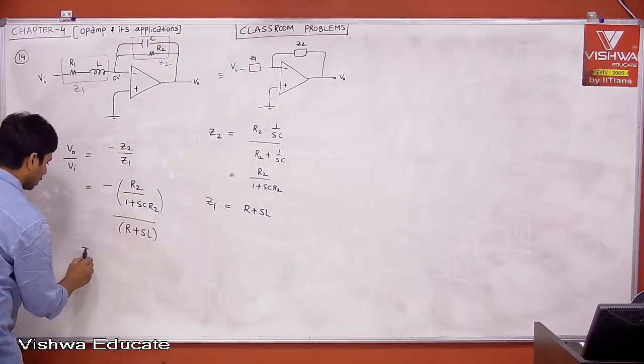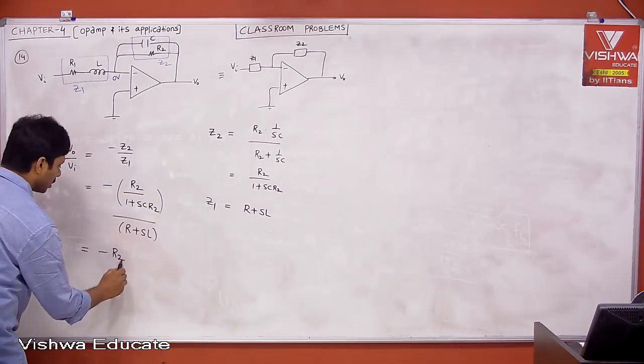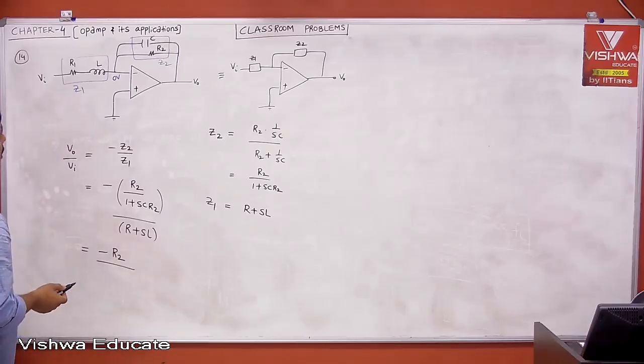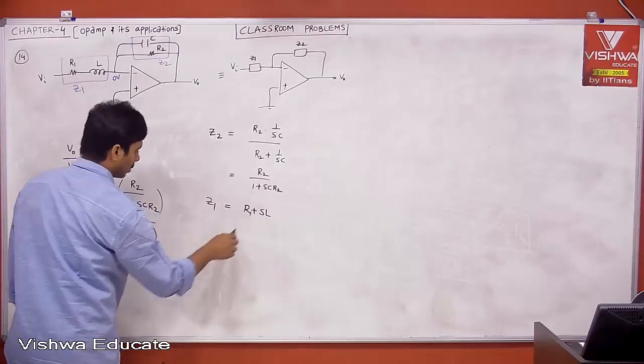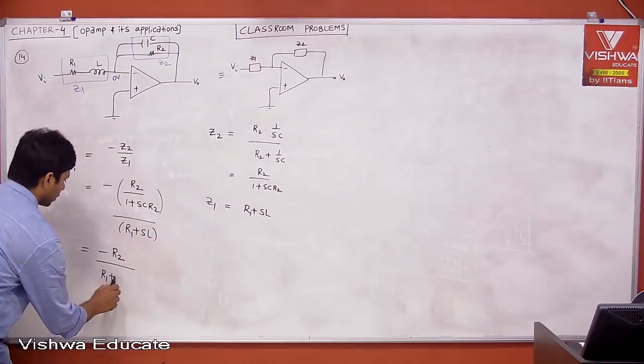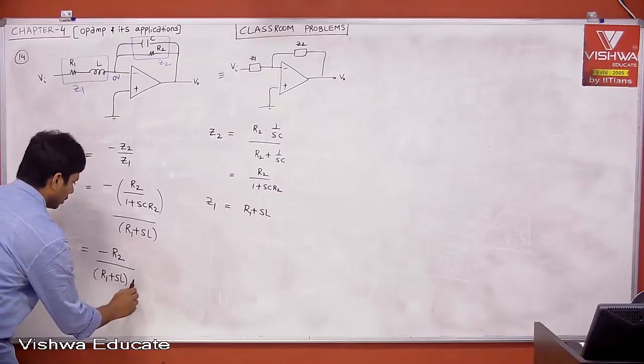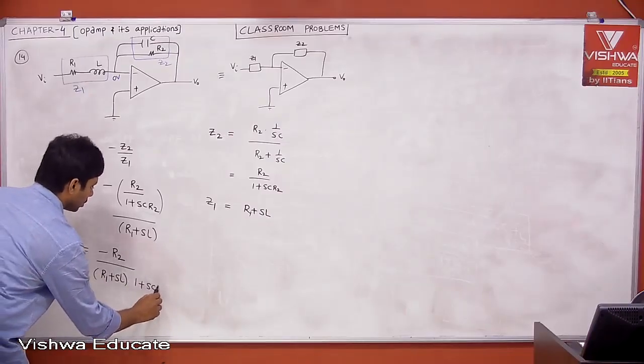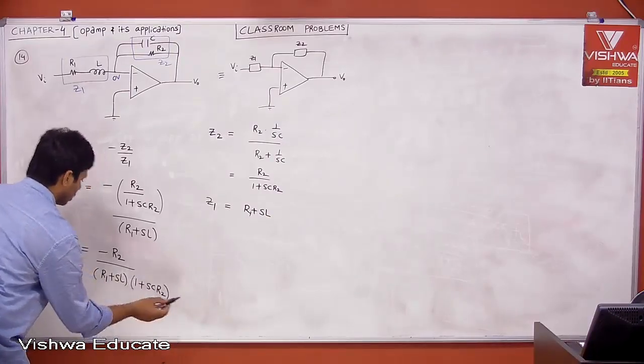If you take this, you will get minus R2 divided by R1 plus S into L, times 1 plus S into C into R2. This is R1, okay?